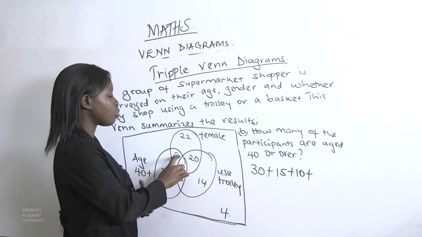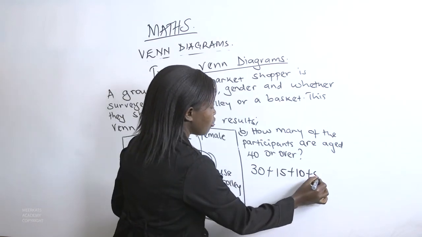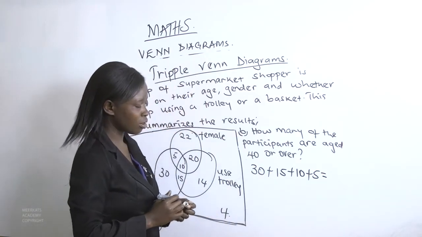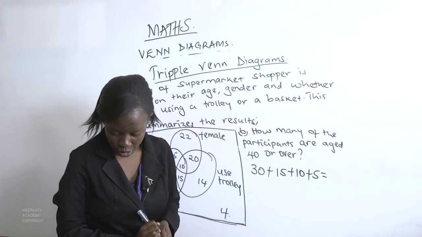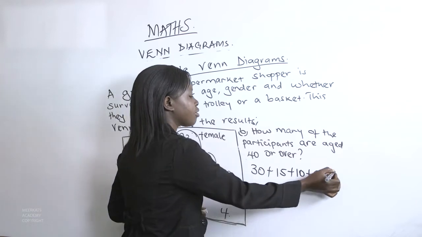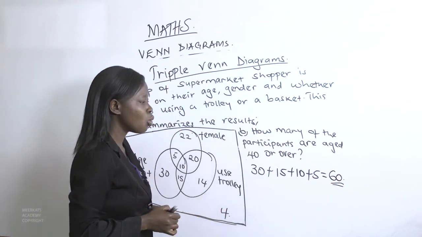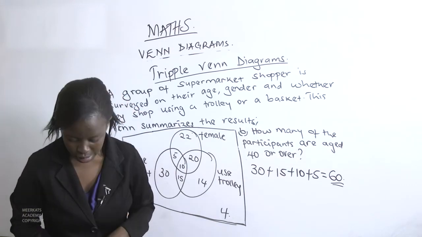So I simply add 5. So 30 plus 15 is 45. 45 plus 10 is 55. 55 plus 5, we get 60. So the total number of people in this survey who are 40 years and above is 60.